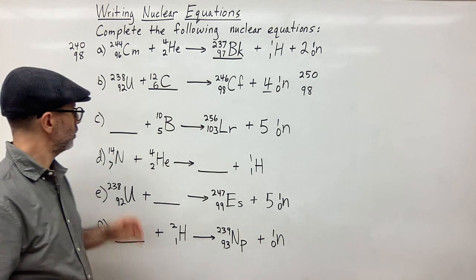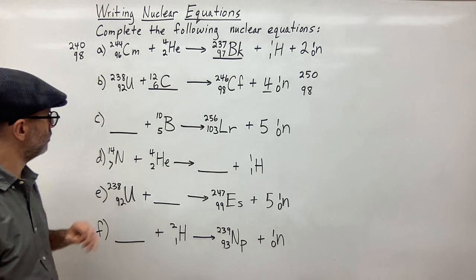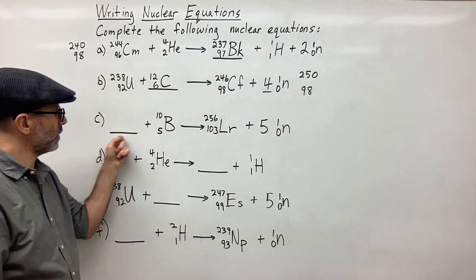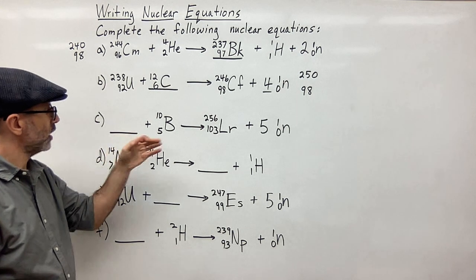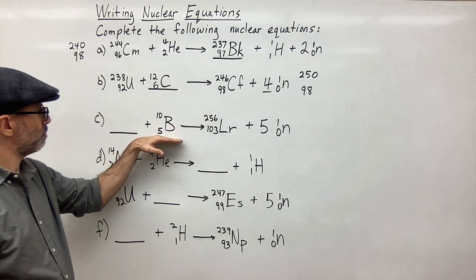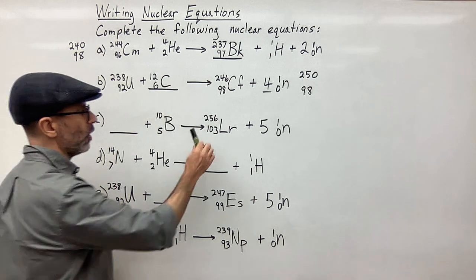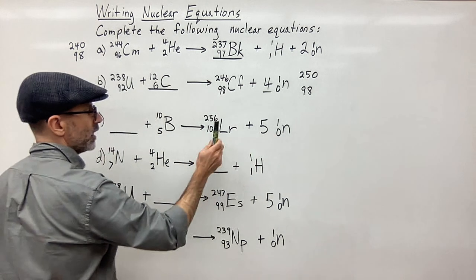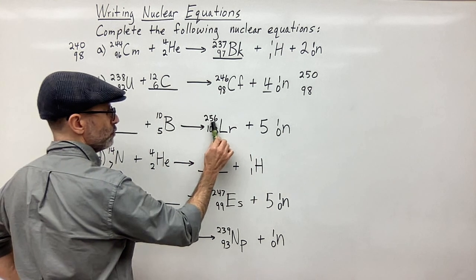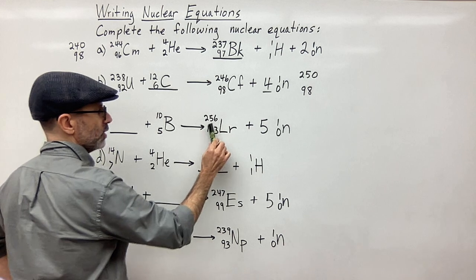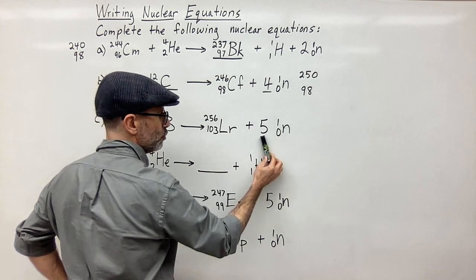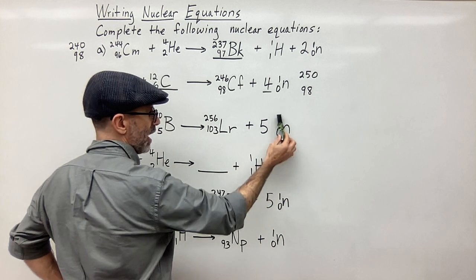Okay, now let's try C. So here we have our missing isotope. Here we have our boron, but we know everything on this side. So here we have Lr-256 on the top. And then again, we have 5 neutrons, so we're going to have to count each number 5 times.